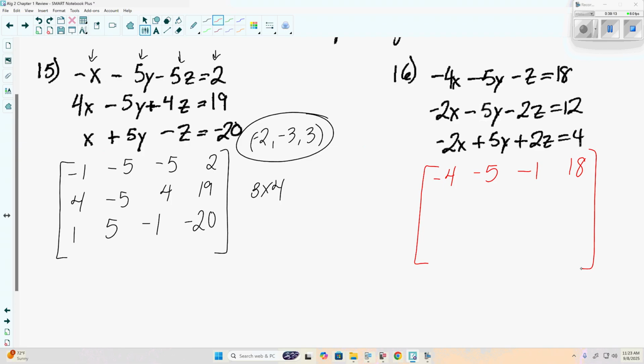Our second row, negative 2 for x, negative 5 for y, negative 2 for z, and 12. Last row is going to be negative 2 for x, positive 5 for y, positive 2 for z, and 4. And again, this is a 3 by 4.